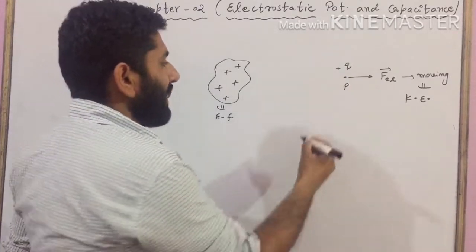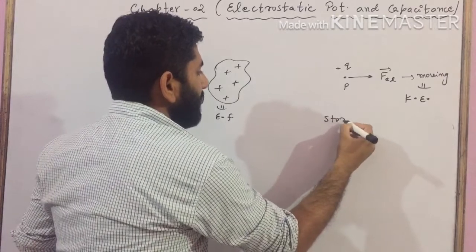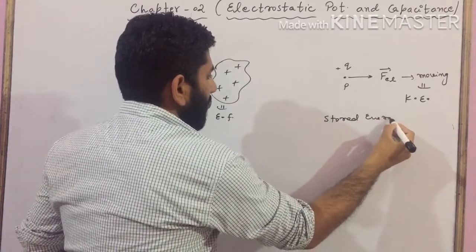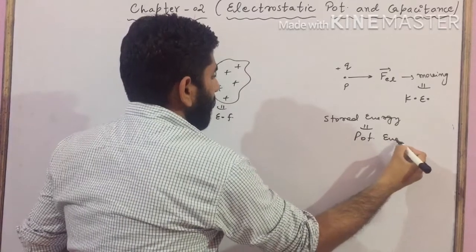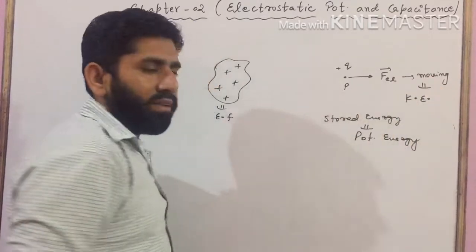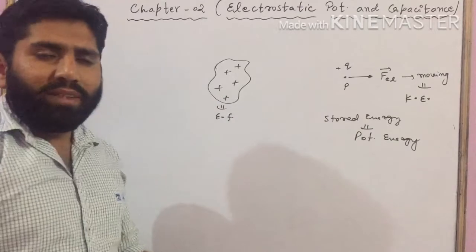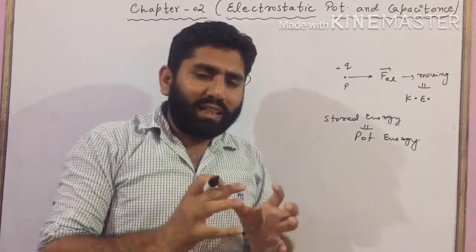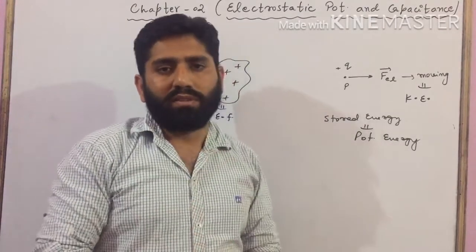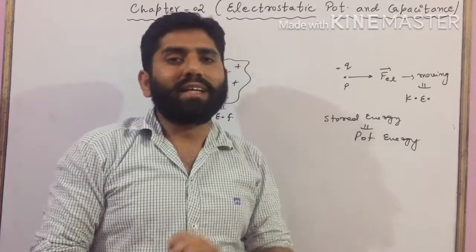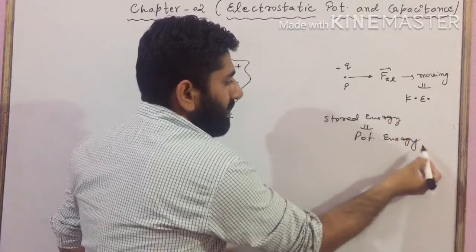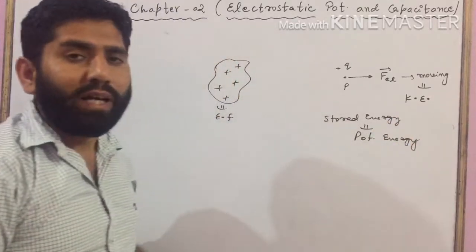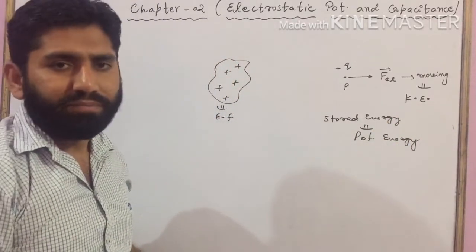That stored energy in this charge is called potential energy. So whenever a body is under the influence of some force, even if it is at rest, it has some stored energy in it, and that stored energy is known as potential energy.